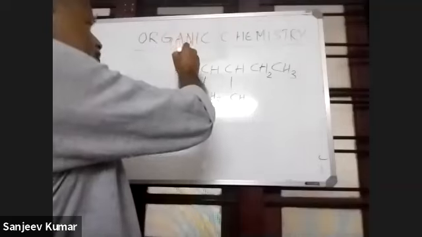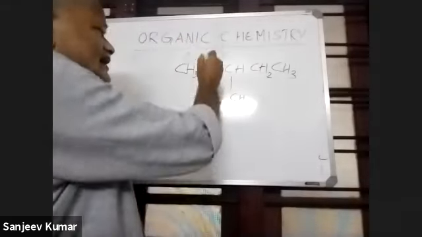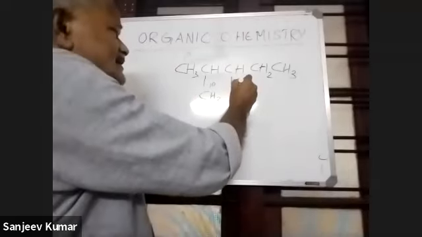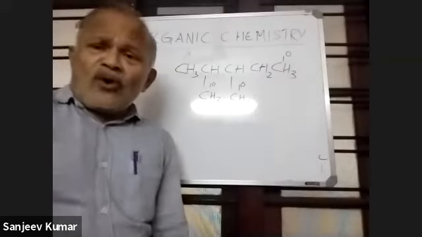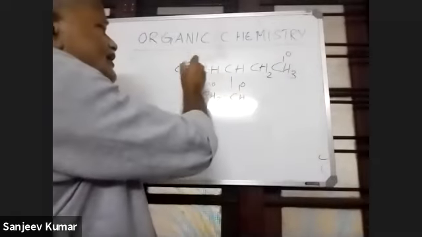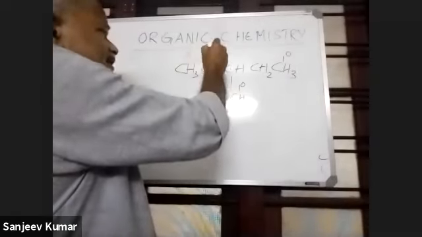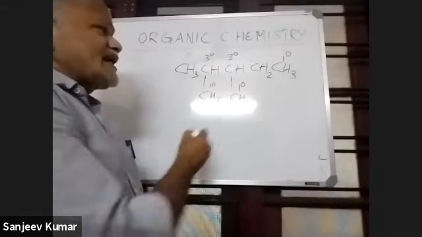Here, this carbon atom is bonded to only one other carbon atom, so it is primary. This is also primary, this is also primary, and this is also primary. There are 4 primary carbon atoms. This is a tertiary carbon atom because it is bonded to 3 other carbon atoms, and this is also tertiary for the same reason.